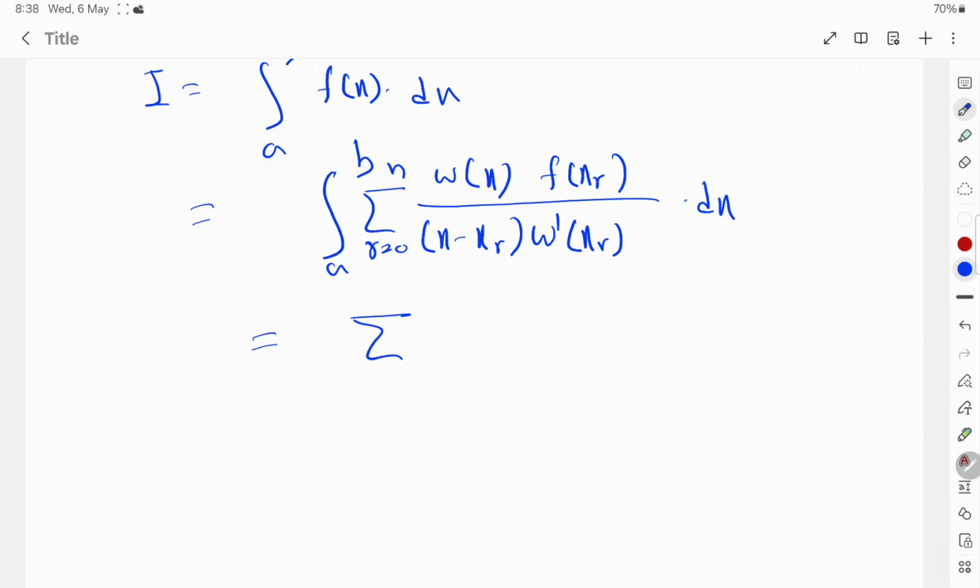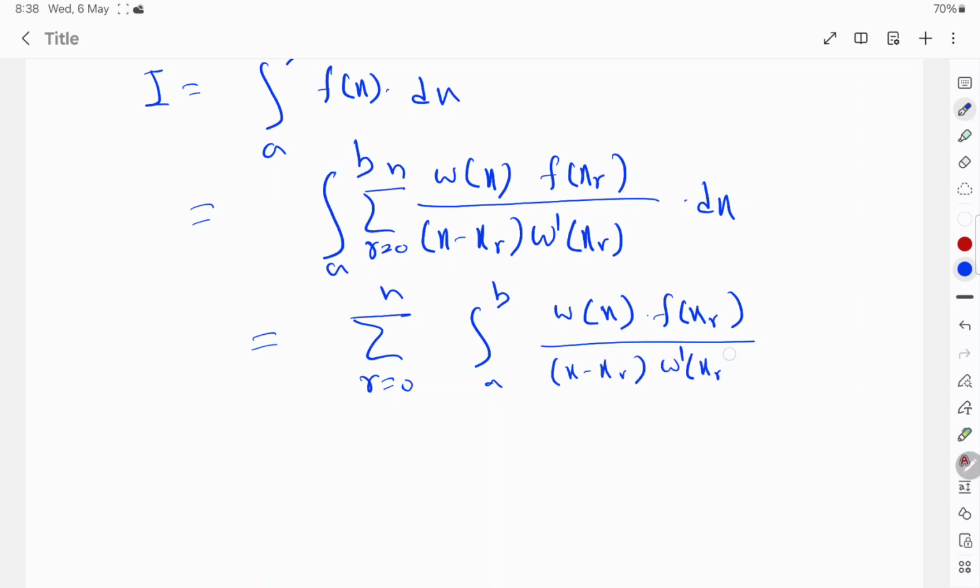This type of thing you have already seen in series; obviously this is a finite sum, so no problem there. So r equal to 0 to n, and this thing I can write as f of xr into hrn, where r is running from 0 to n.